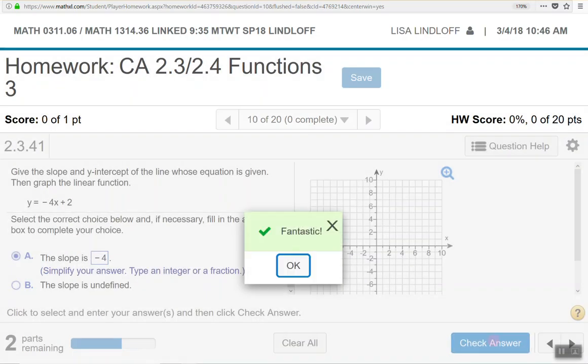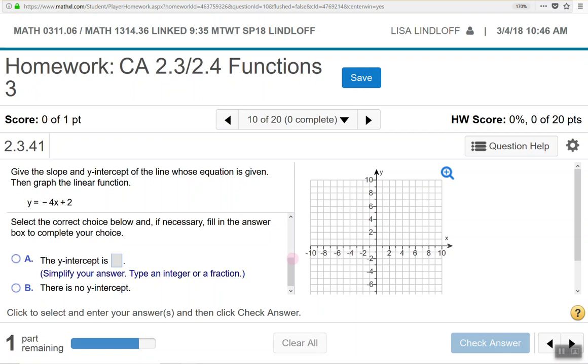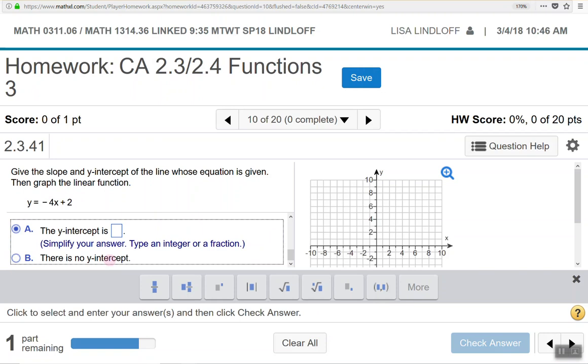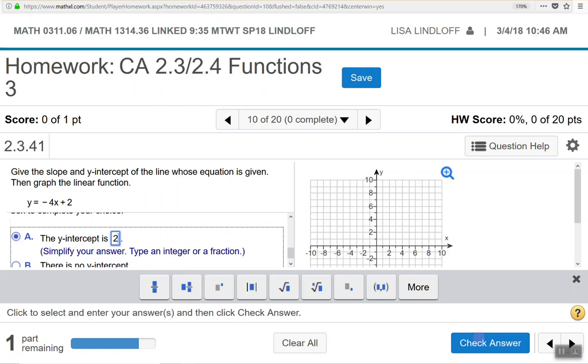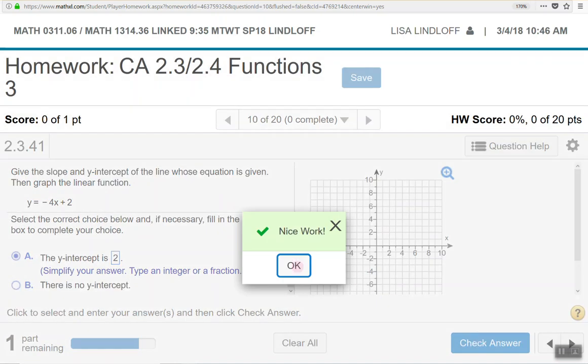So I'll check that answer. That was good. Now it wants to know my y-intercept. The y-intercept is right here. So I will say that it is 2. Check my answer. And that's good.